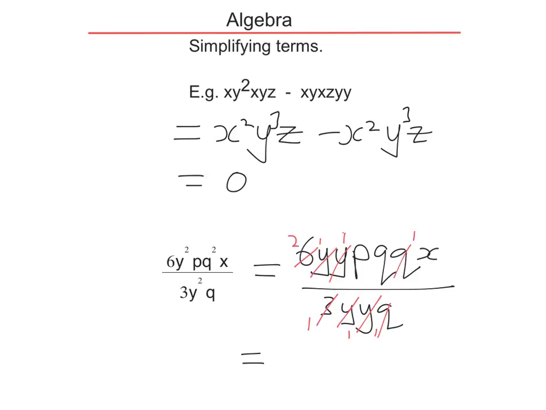So that means I end up with 2 on the top and times 1 times 1 times 1, which stays 2. And then there's a p, q and an x. Underneath it's just a whole lot of 1s, which means that underneath it's just divided by 1, which is another way of saying you don't need the 1 underneath. You can just write it as 2pqx.